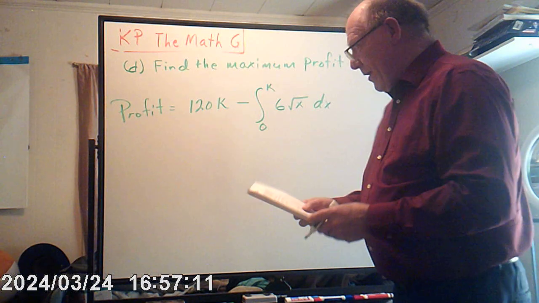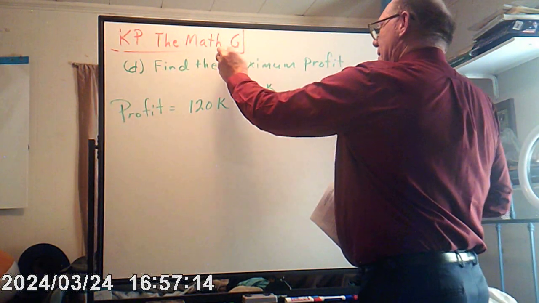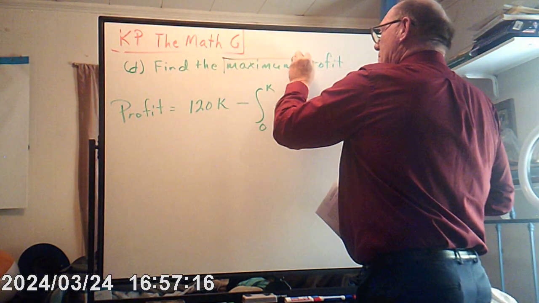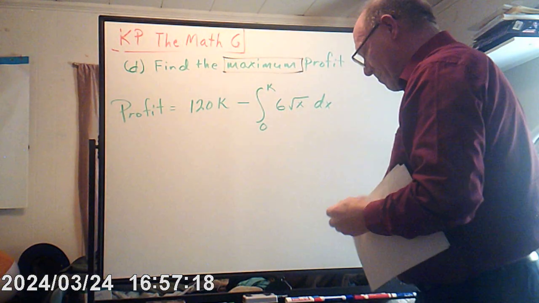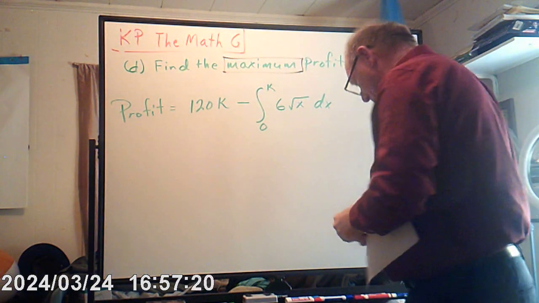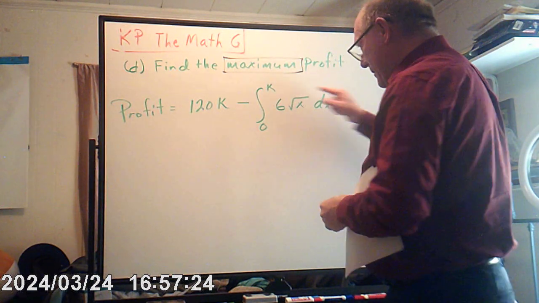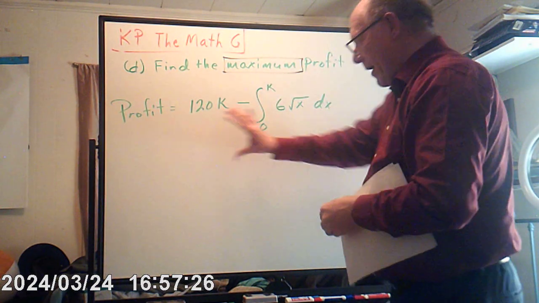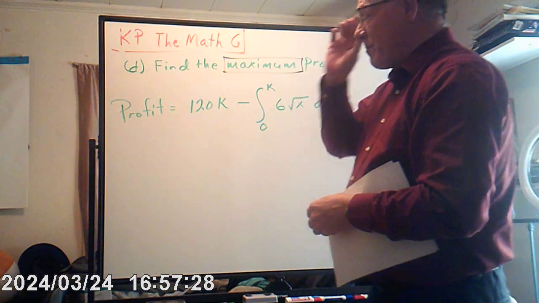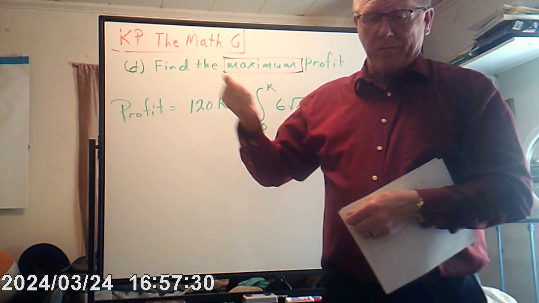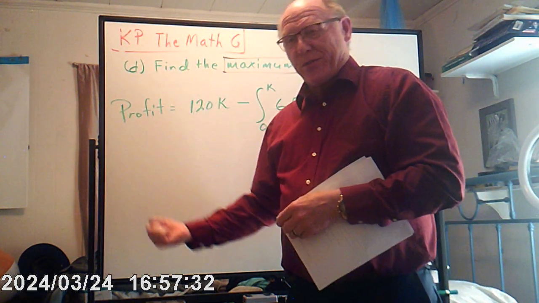Now, it says maximum. When you see that word maximum, you automatically need to take the derivative of this. This is the amount of profit. Always remember, profit is an amount of money, in this case an amount of something.